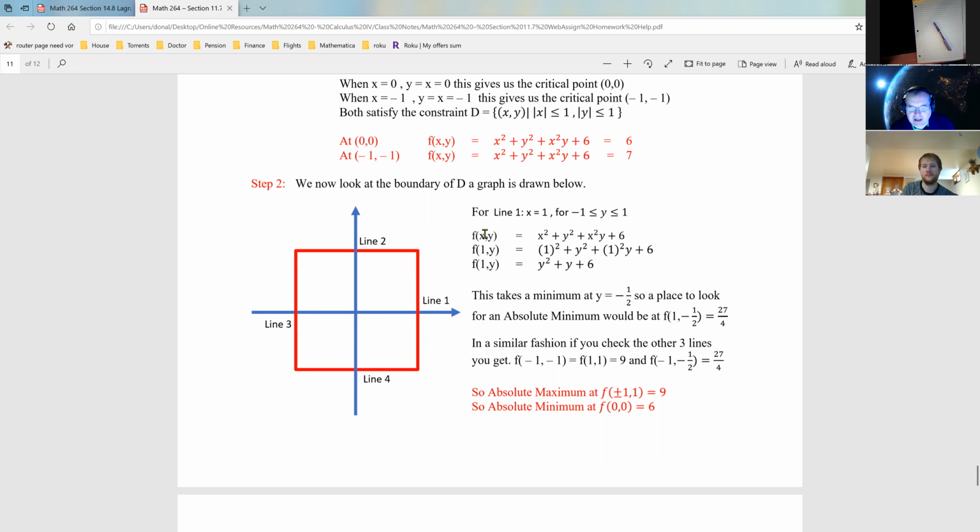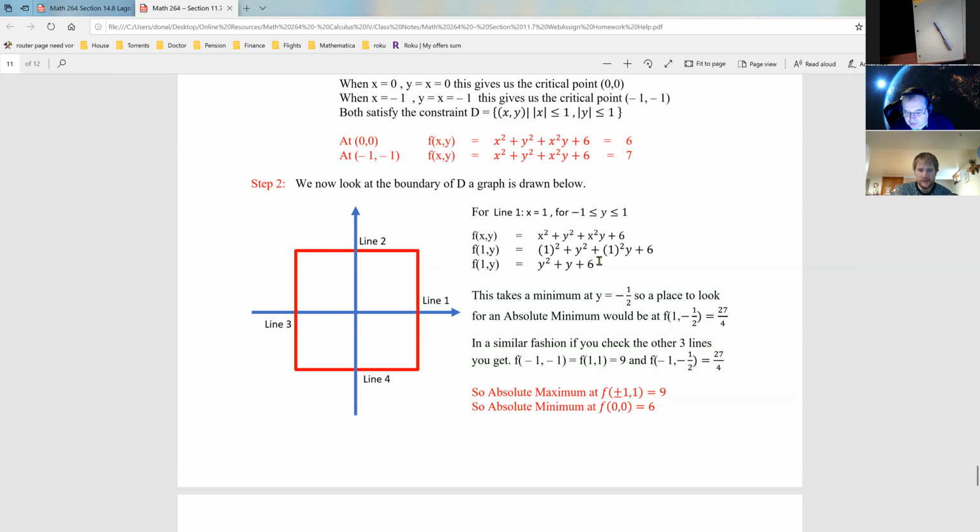So does it not make f of x, y, which is this guy, really the same thing as f of 1, y? Because if x is 1, these x's here are all being 1. And so what you've got now is that when you look at values along this slice here, that's what it's equal to. Whatever y squared plus y plus 6 is.